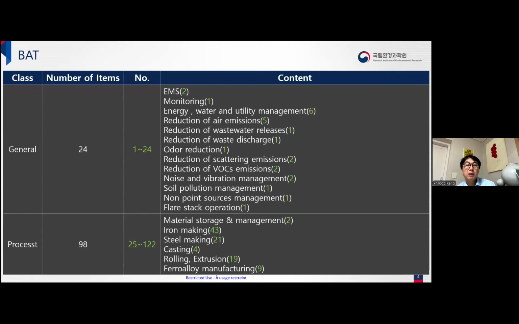BATs for raw materials and storage, iron and steel making, casting, rolling, and extrusion are included. For your information regarding EMS, in Korea we have a plan to publish a new common BREF on EMS, the environmental management system and energy management system. Maybe next year we will publish it. Next, please.